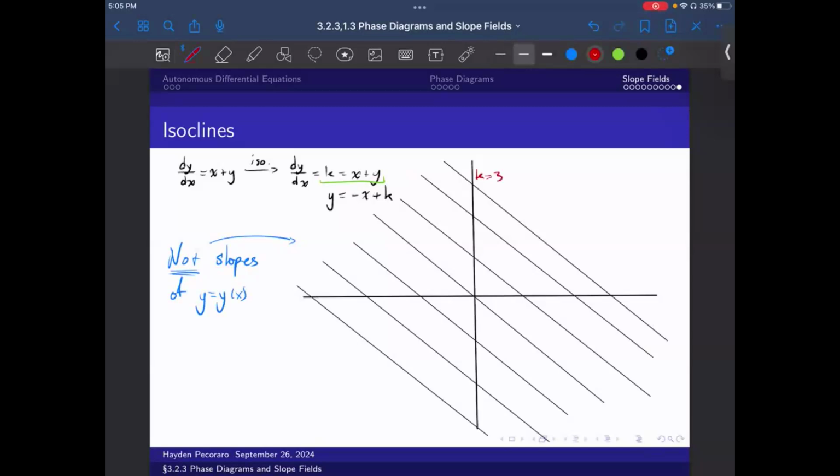If k equals 3, then the derivative right here should be equal to 3, and that's along that line. Oh, okay. Well, now the derivative is 3. I can start drawing those slopes in. That's a very vertical line. So my slopes should be very vertical like this.